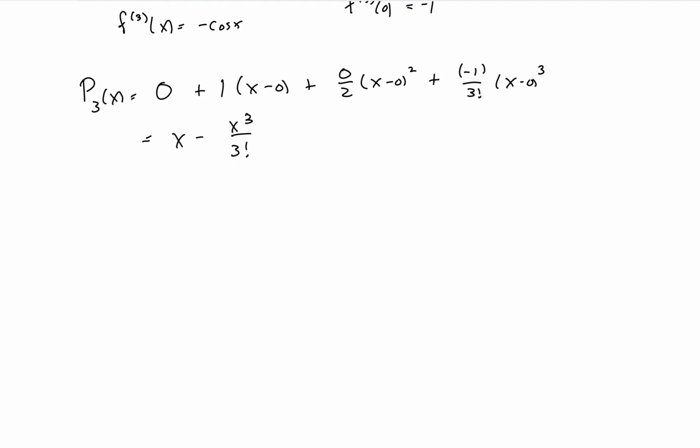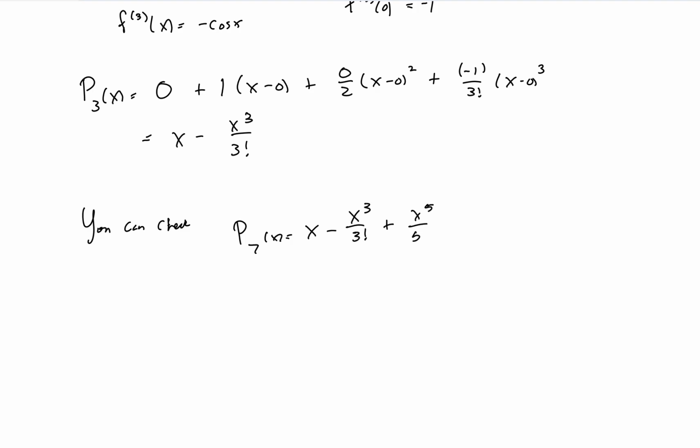So it turns out you can calculate, if you keep going up, it's going to continue in this pattern. So for example, you can check P7 of x is x minus x cubed over 3 factorial plus x to the 5 over 5 factorial minus x to the 7 over 7 factorial, and so on. So there are no even terms for sine, which makes sense because it's an odd function, so you can't have even terms in there.